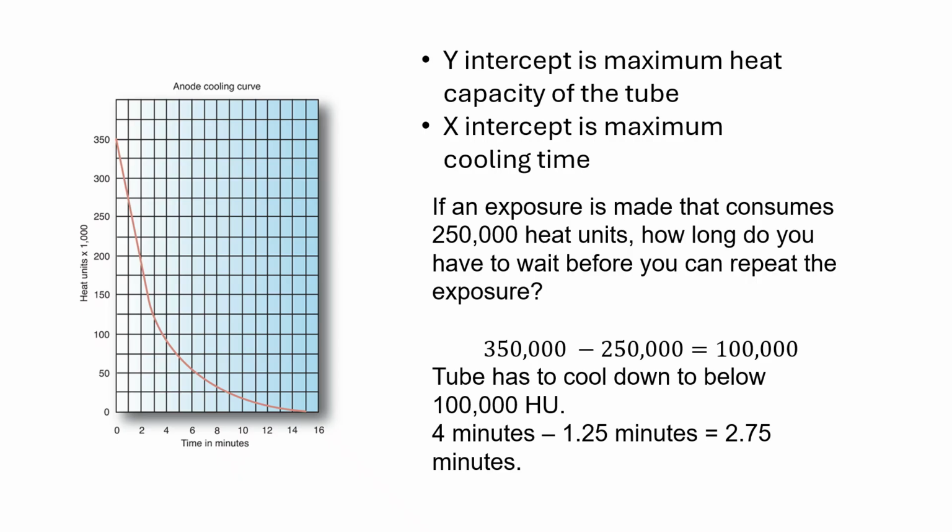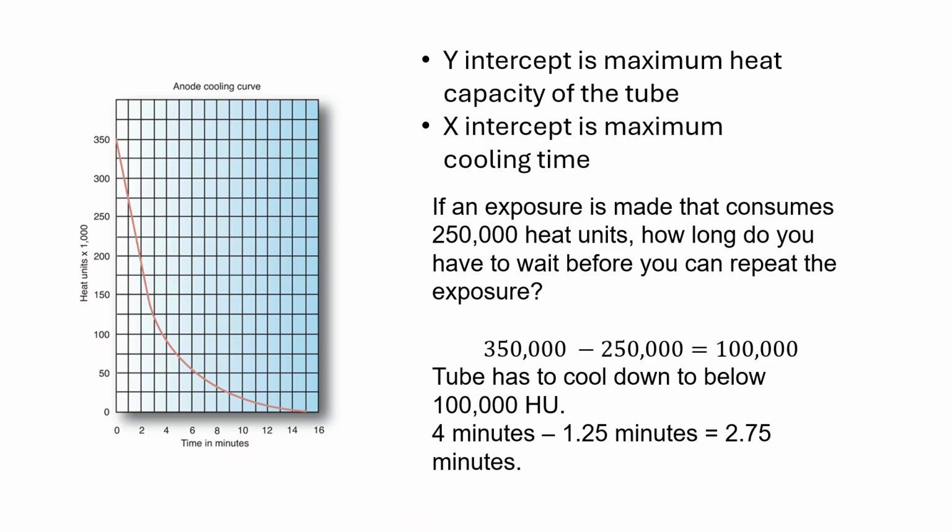So a couple of facts here. The y-intercept you see on this one is 350 times 1,000, so 350,000. The y-intercept is always the maximum heat capacity of the tube for every anode cooling curve. So they might ask you, what's the maximum heat capacity?